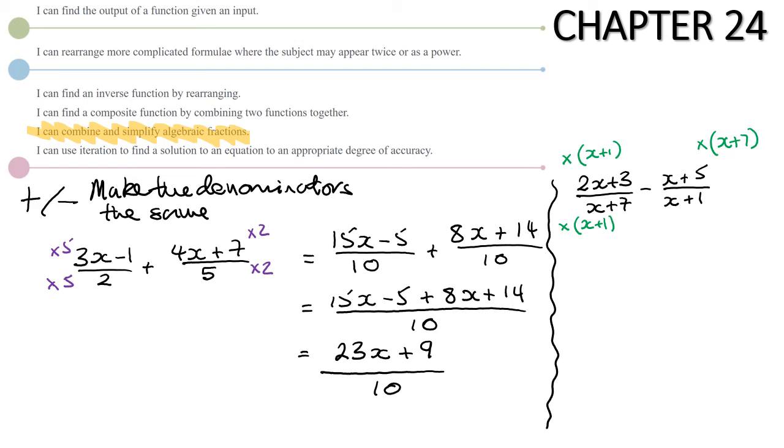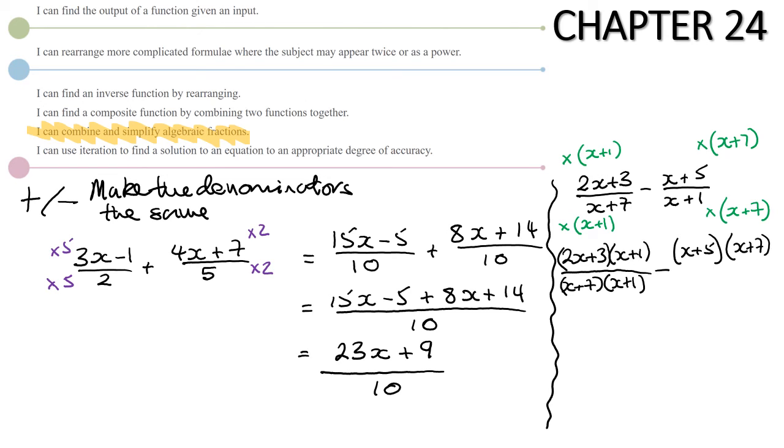That way I'll get the same thing in both denominators. So when we do that, and we're not going to expand brackets just yet, I'll have this in the first fraction, so you can see the x plus 1 at the top and the bottom, and then minus, then the second fraction, I should have this x plus 7 in the numerator and denominator.